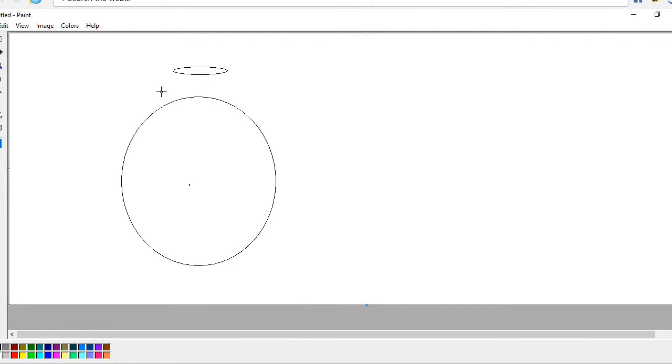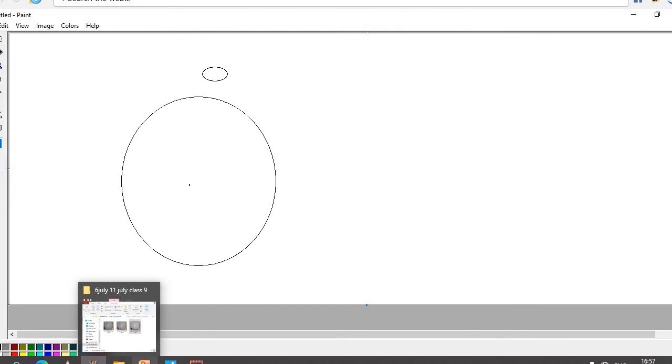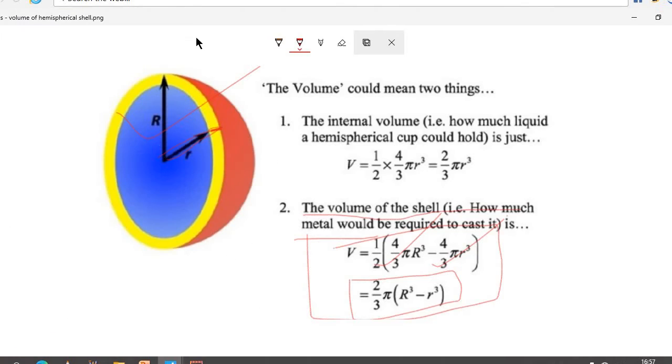I am unable to draw this here, it will take time. So understand from this figure only.